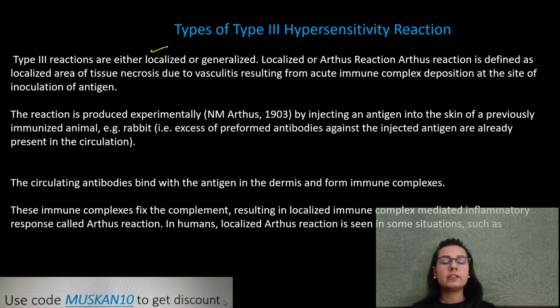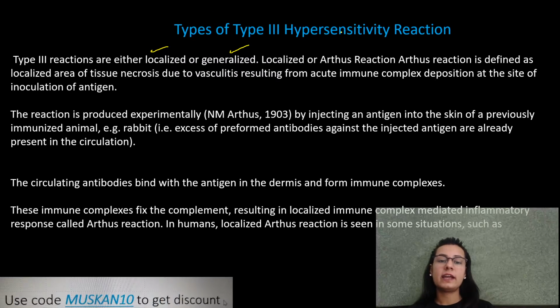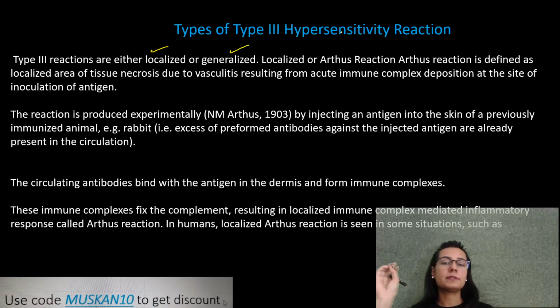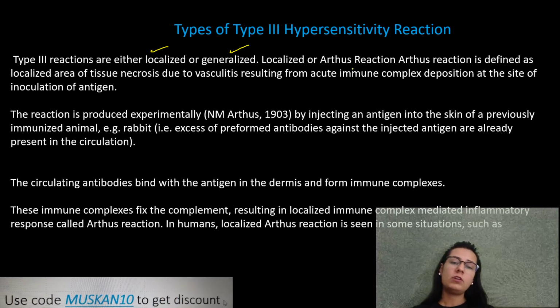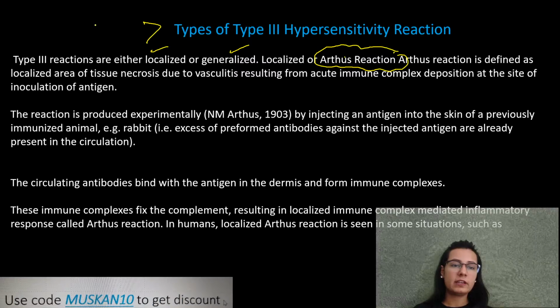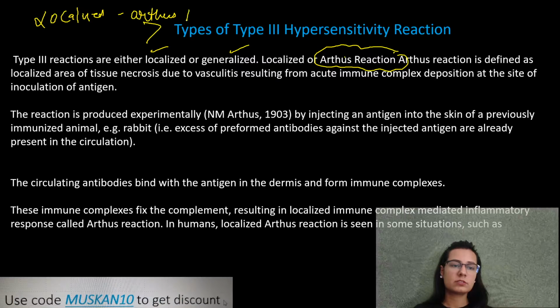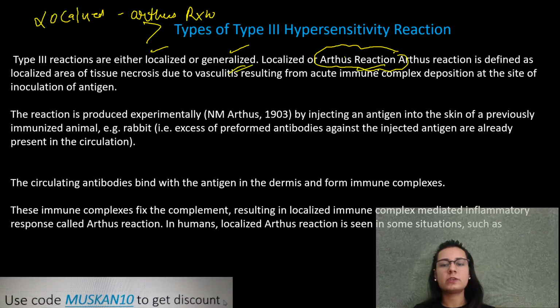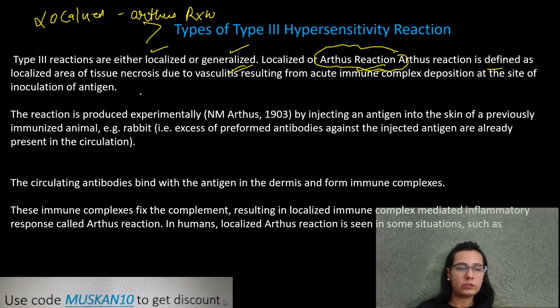Type 3 reactions can be localized or generalized. We have seen localized: if antigen and antibody are in excess and the complex is large, it will localize. If the antigen is small, it will wander at various sites and cause type 3 hypersensitivity at various locations. Now, the localized reaction is the Arthus reaction. Remember, when it is localized, it is called the Arthus reaction. It causes vasculitis, with acute immune complex deposition at the site of inoculation.